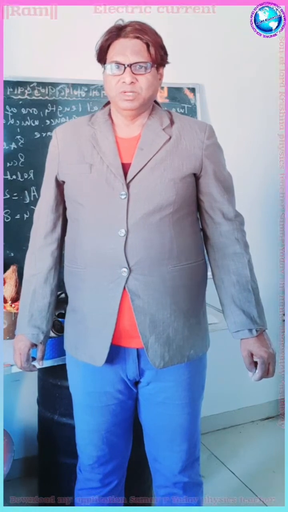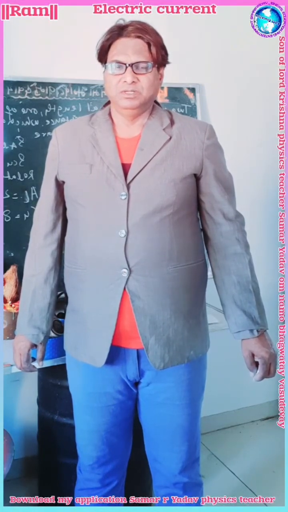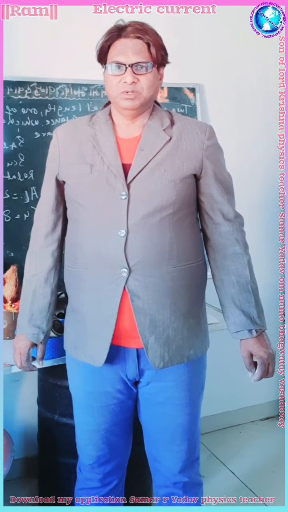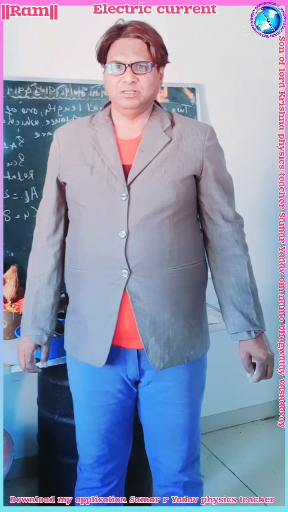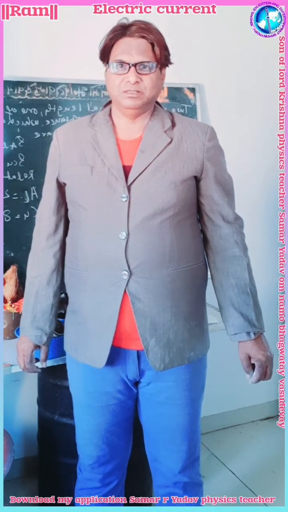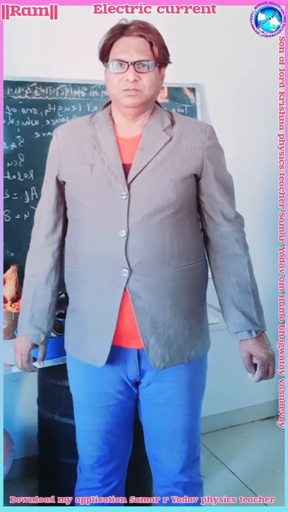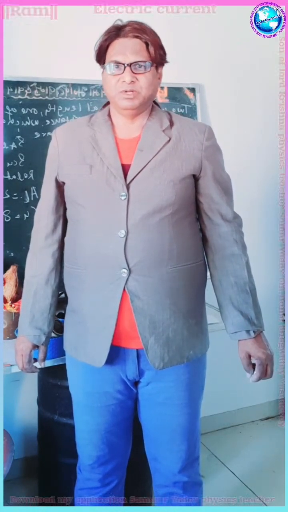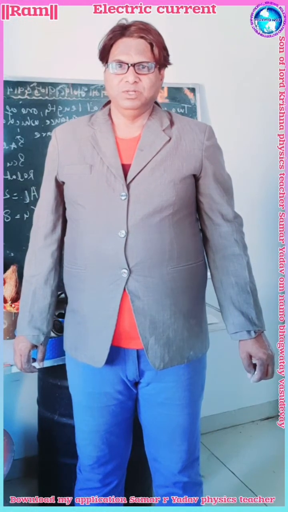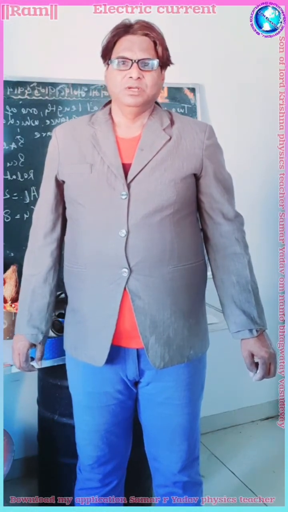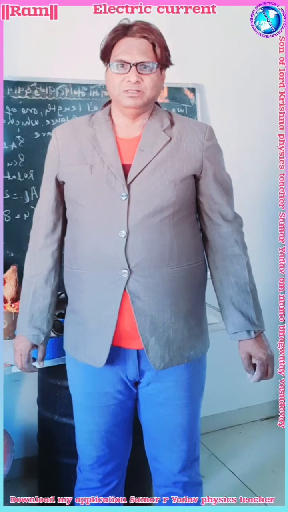Therefore, M1 upon M2 is equal to rho 1 into D1 upon rho 2 into D2. Here one wire is aluminum and the second is copper.